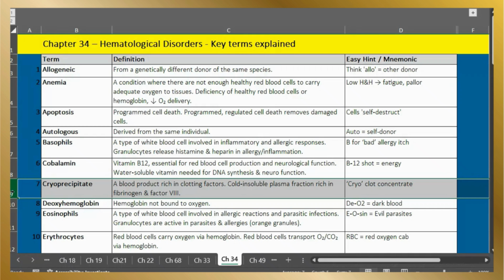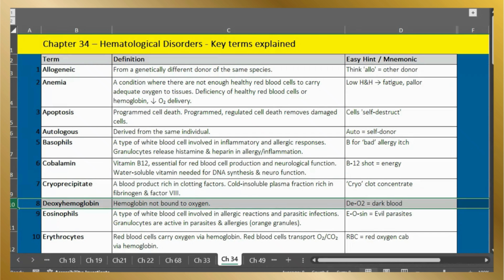So cryo, it's like a clot concentrate. I say cryo. Okay. So it's used to treat hemophilia or massive bleeding. I just spoiled it by saying factor 8.